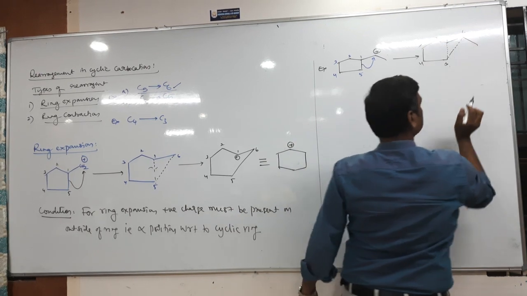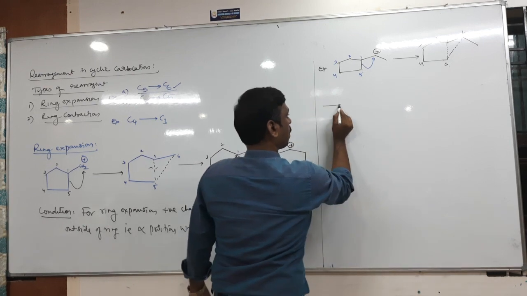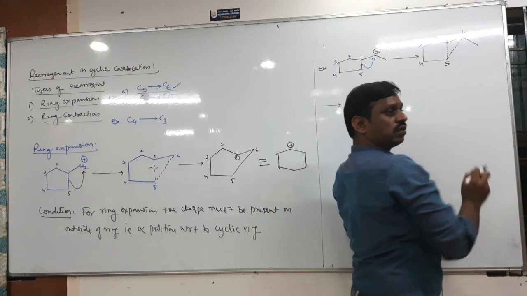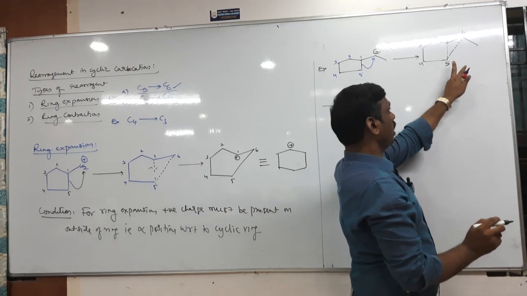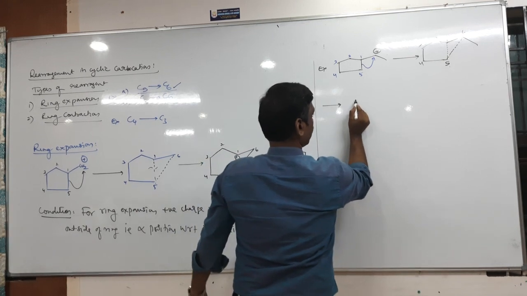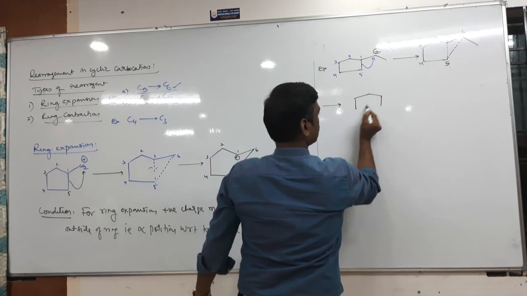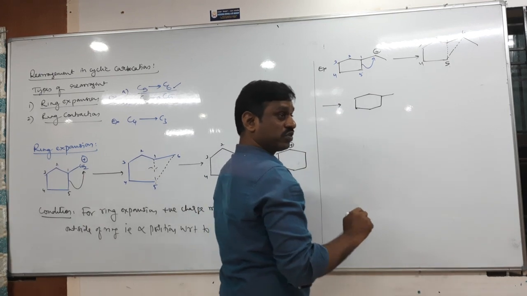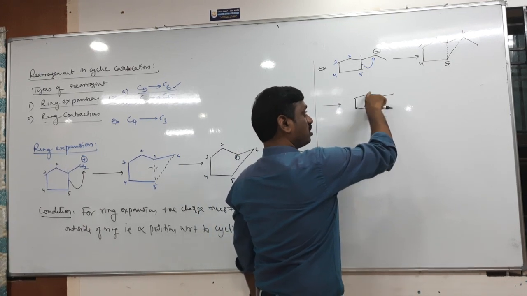It becomes 6. Then the bond between 1,5 is completely broken, and a new bond between 5 and 6 is formed. So I'll write the cyclohexane directly. And where does the positive charge come? Either on this carbon, the adjacent carbon.